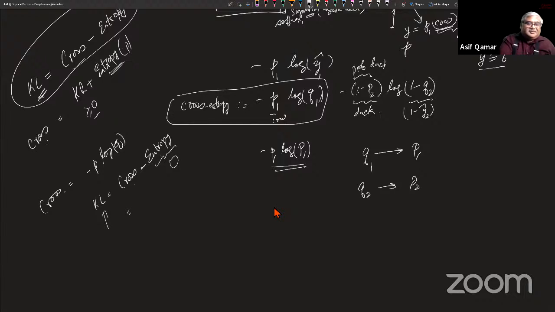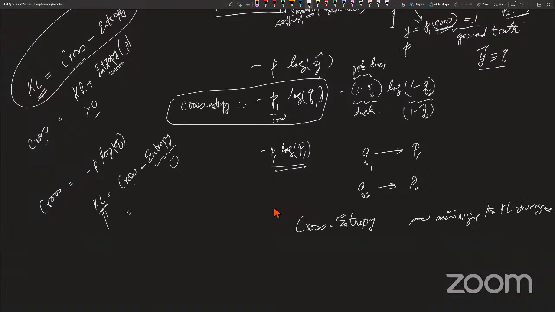Zero. If the probability of a cow is one, what is the entropy? Zero. There is no information conveyed. If I tell you that a cow is a cow, it's zero. So when you do the cross entropy in classification, it is also equivalent to minimizing the KL divergence.